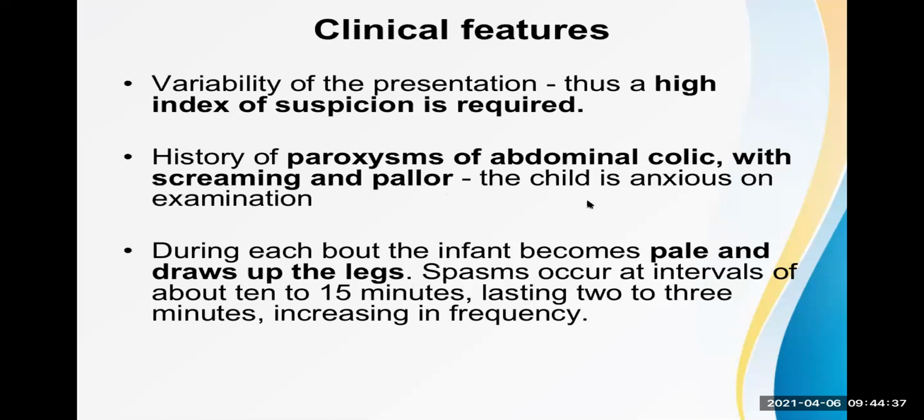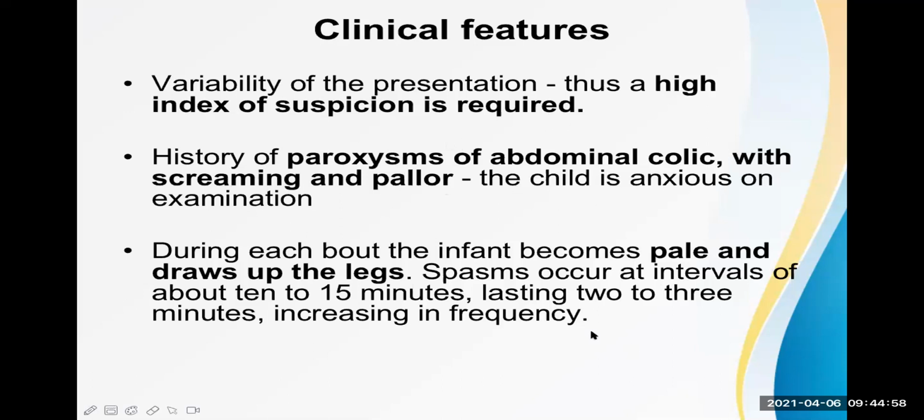They draw both of their legs up towards the abdomen, and then they cry vigorously. Parents are very worried about why the kid is crying like that. They run to the hospital with the kid at any time of the day or night. There are lots of differential diagnoses, so a high index of suspicion is necessary.